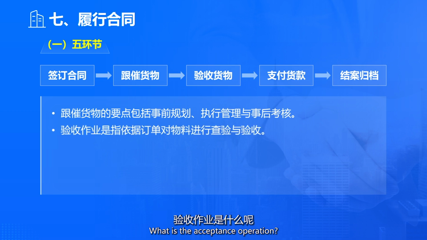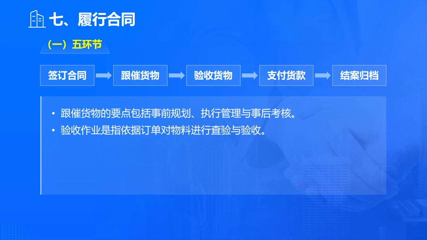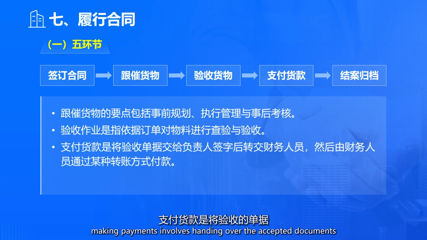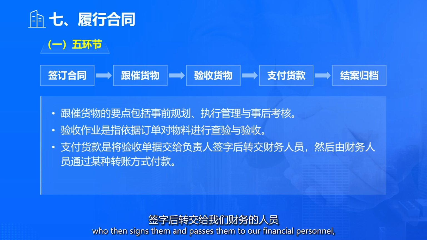What is the acceptance operation? It refers to inspecting and accepting the materials based on the order. What about making payments? Making payments involves handing over the accepted documents to our responsible person, who then signs them and passes them to our financial personnel.